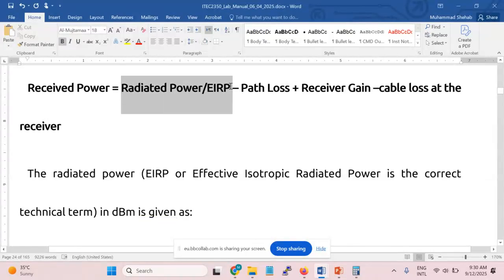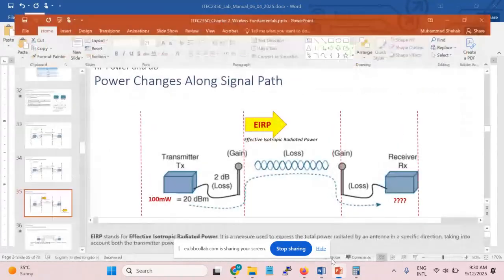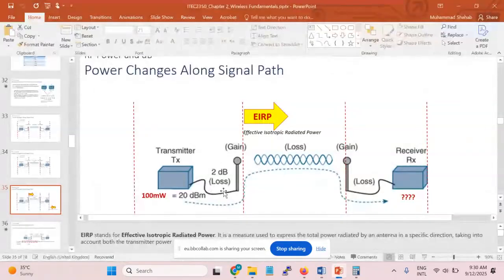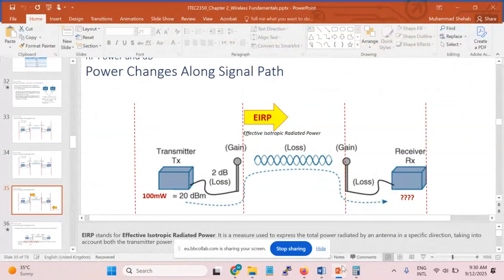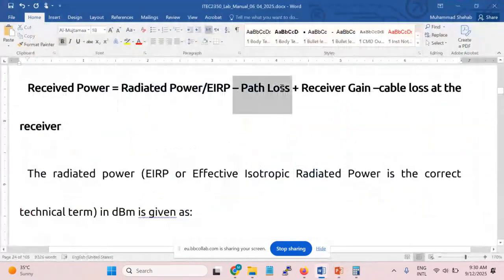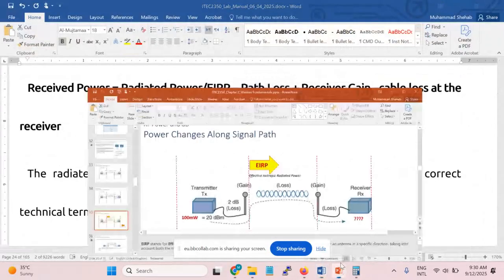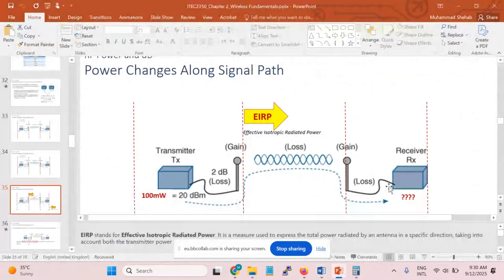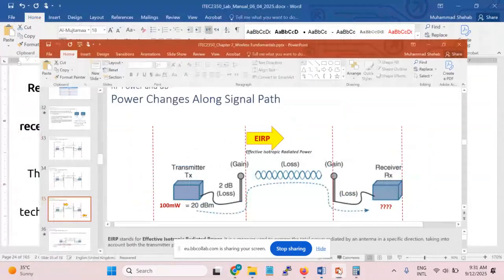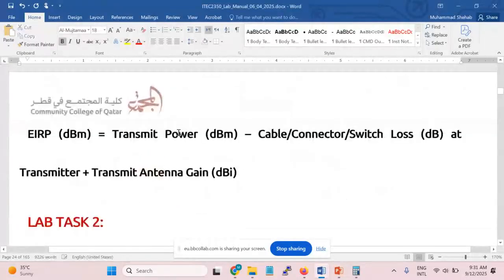So it is EIRP, which consists of transmitter power minus cable loss at the transmitter plus antenna gain at the transmitter, minus the free space path loss plus the antenna gain at the receiver minus the cable loss at the receiver. Then I can easily calculate the received power of the signal at the receiver.